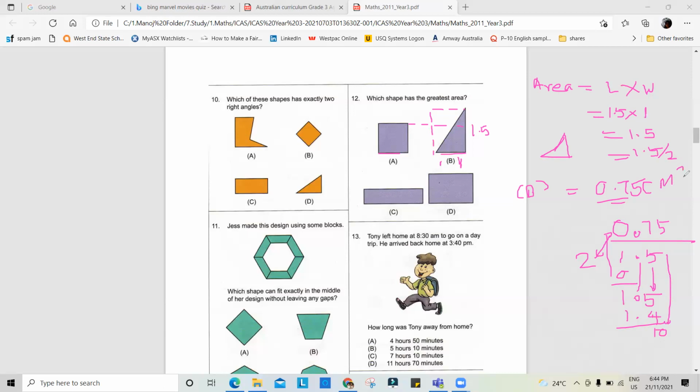Right? Now, area of this B is 0.75. Can you write this information in your book?